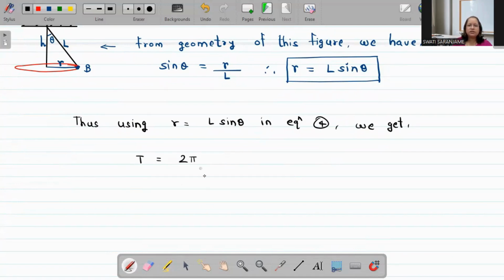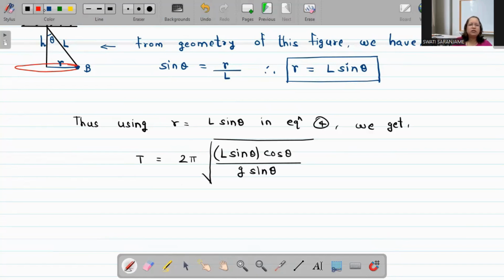2 pi, as it is under root. In place of r, now we are writing L sine theta. That cos theta will appear as it is, divided by g sine theta.